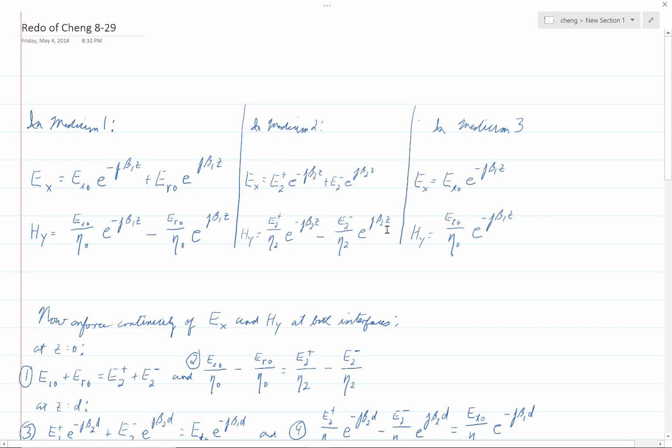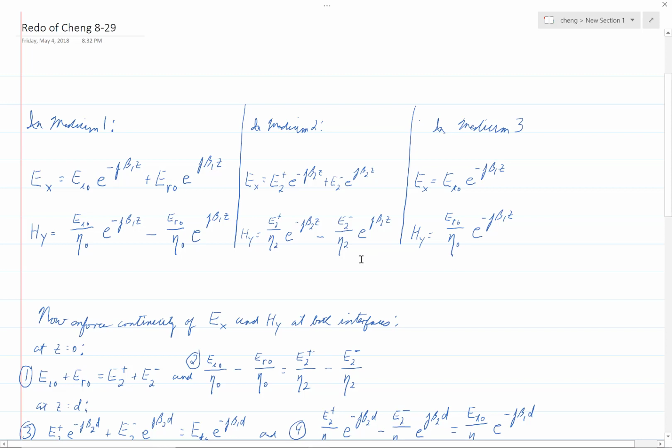And finally, since region 3 extends to infinity in the positive z direction, there will not be any negative traveling waves in region 3, so we have only the electric field of the positive traveling wave in region 3 and the magnetic field of the positive traveling wave in region 3.